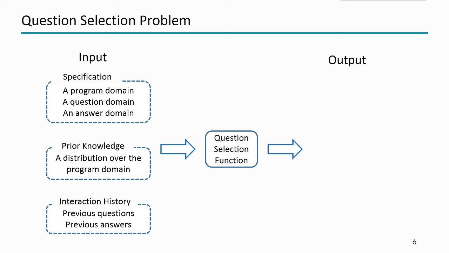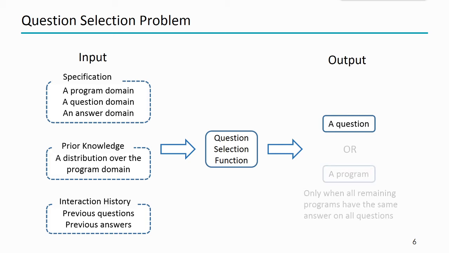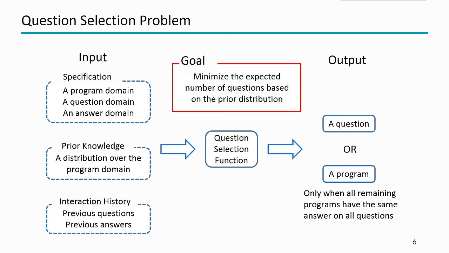In most cases, the output of a question selection function is a question to the user. However, when all the remaining programs perform the same on all questions, implying all ambiguity on the question domain has been eliminated, the question selection function is allowed to return any remaining program. The goal is to minimize the expected number of questions when the target program is subject to the prior distribution.